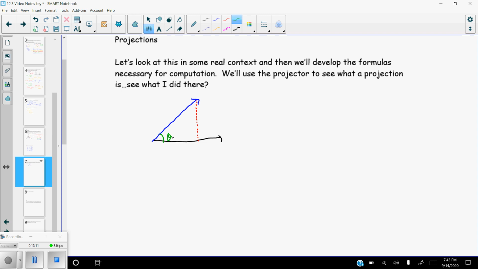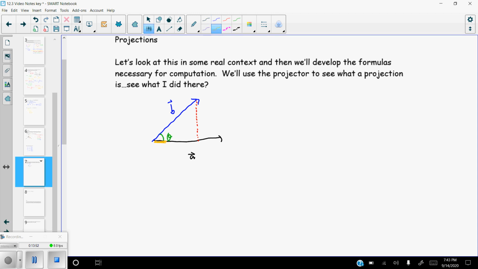We'll call it theta. There are 2 pieces that we're going to get out of this. There is what's called a component of B in the direction of A. Let me label these properly. That's vector B, and vector A is the black one, which is the entire vector A. There is what's called a component of B onto or in the direction of vector A. Well, that is going to look like this orange one.